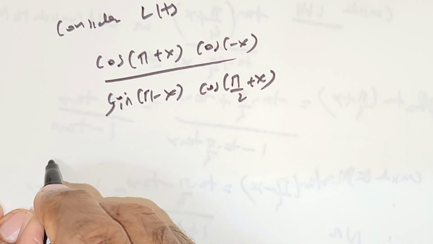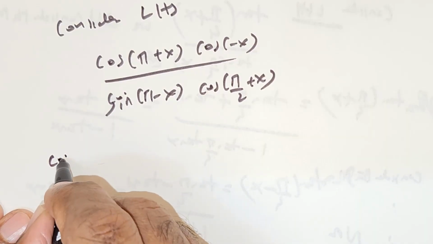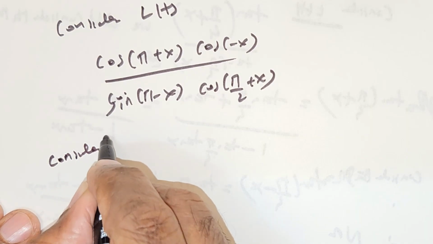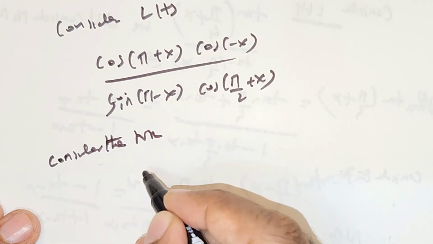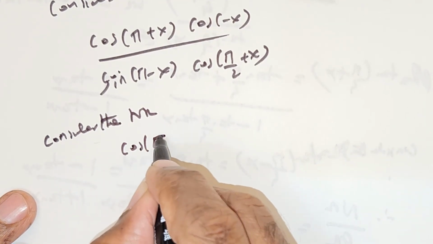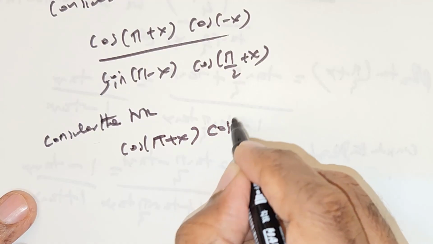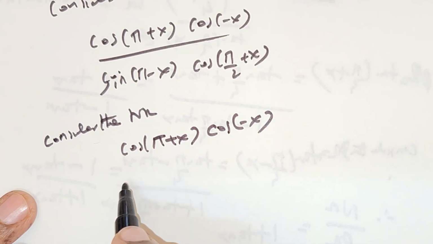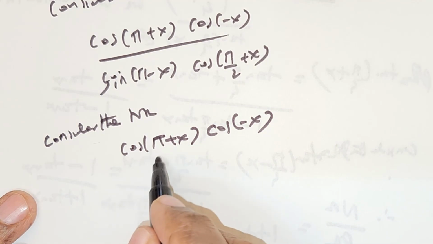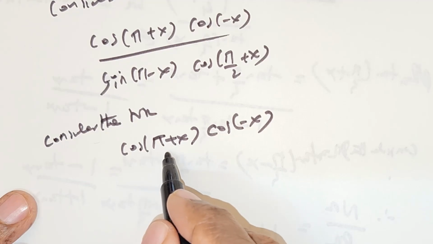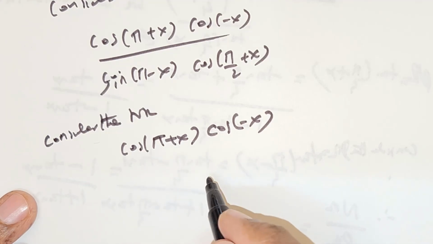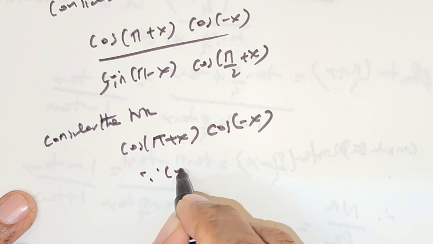Over here we will consider the numerator. What is that? Cos of (pi + x) times cos of (-x). Now we have to get the value of cos of (pi + x) and cos of (-x). Now cos is an even function.